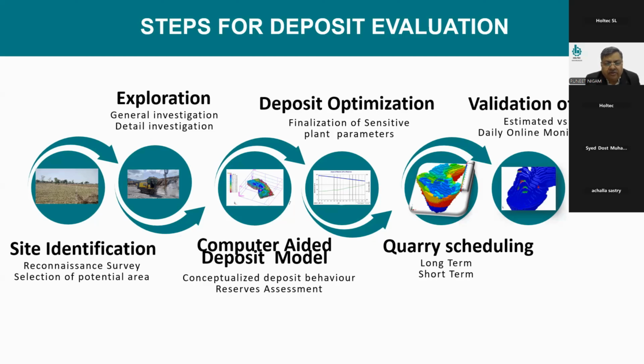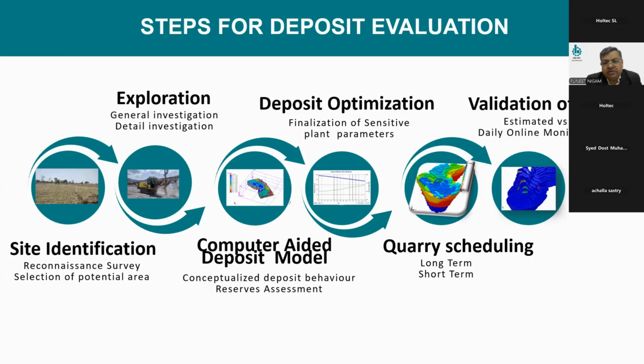When our inventory is generated, then we do the reserve optimization. That means whatever the plant requires based on the main three parameters, LSF, SR, AR, and other constraints. Somewhere it is alkali, somewhere sulfur, somewhere chloride, somewhere MgO, somewhere iron. So this is optimized on those parameters.